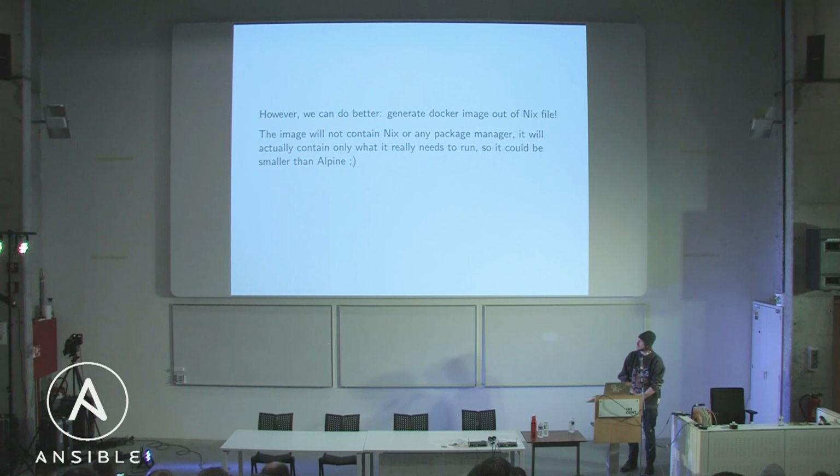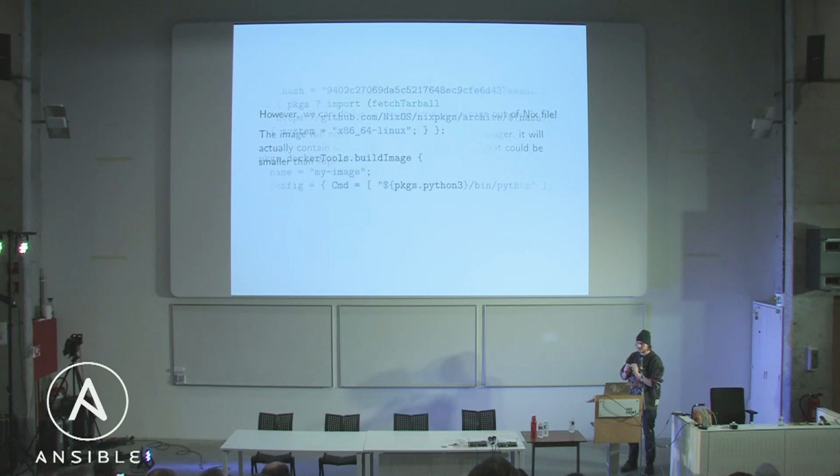And there is a cool thing about Nix: we can generate a Docker image declaratively, like we write it as a Nix package. And the really cool thing is it will not include Nix or any package manager, just the packages you defined to be inside of it. So you can have something like that. I just say, I want Python 3, and I hope it will work well.